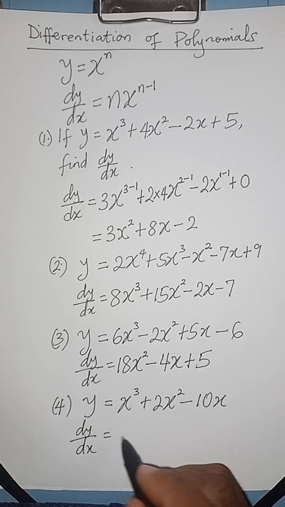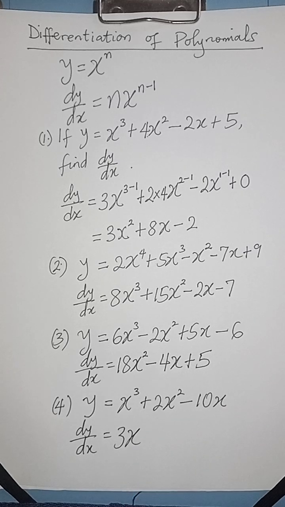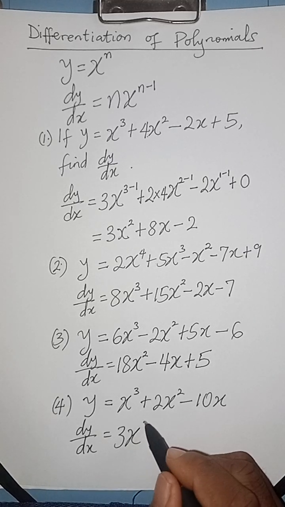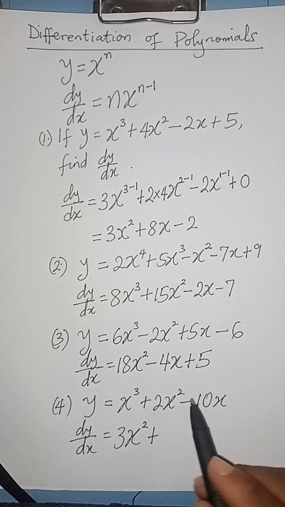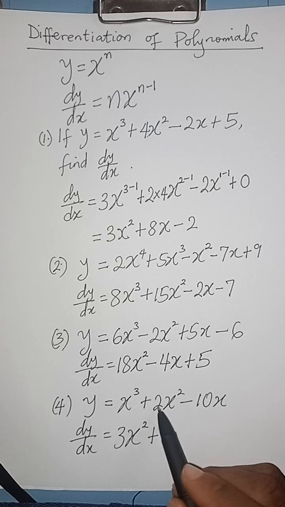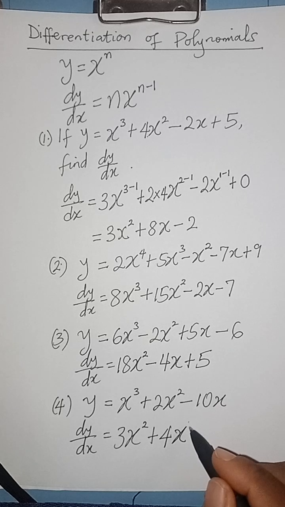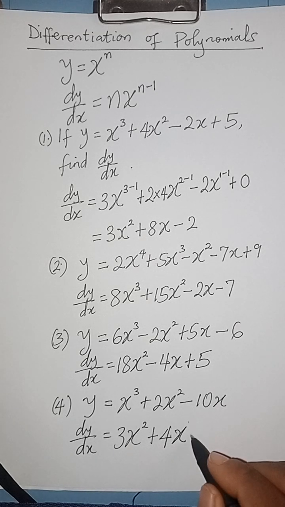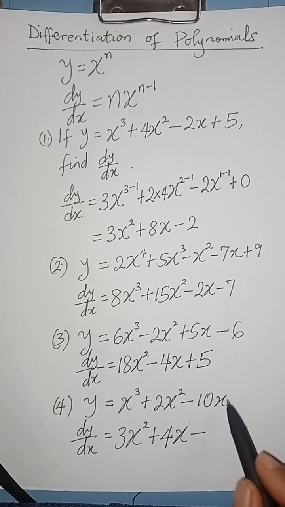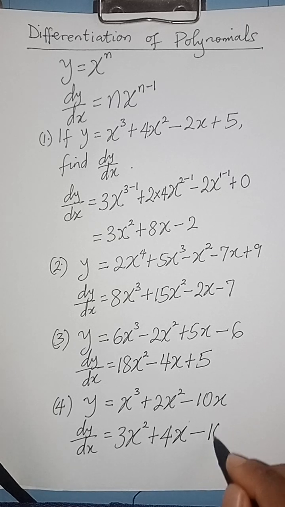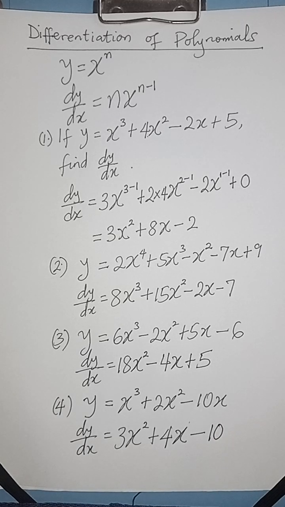Bring down the power, 3, x, reduce the power by 1, plus, the power here is 2, so 2 times 2, 4, x, reduce the power by 1, it becomes 1, there's no point writing the 1, minus, if you differentiate 10x, remember, it's going to be 10. And that is the final answer to the differentiation for question number 4.